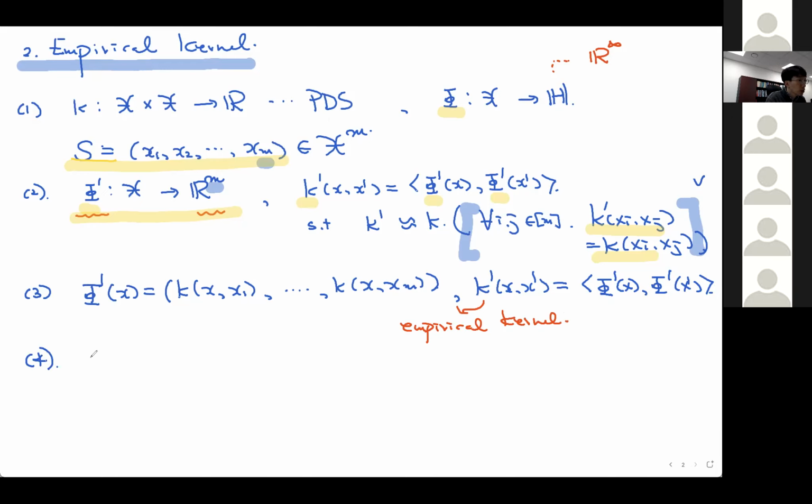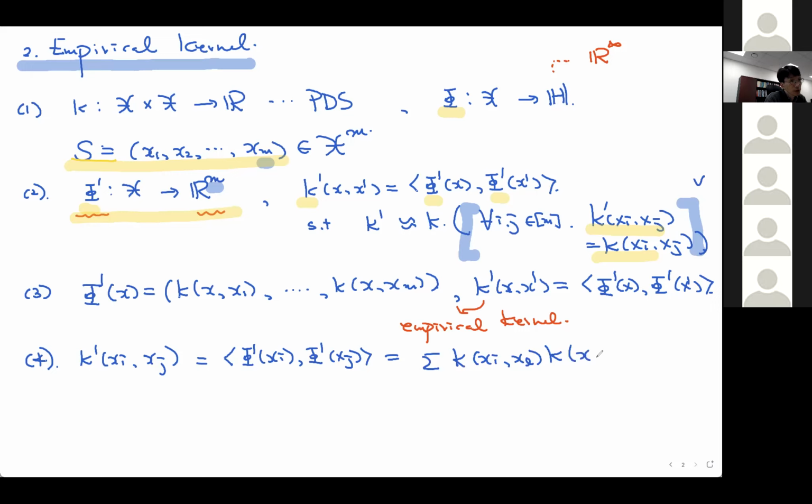If you compute the similarity between xi and xj using this empirical kernel, that is the same as the inner product of phi prime of xi and phi prime of xj, and if you compute the inner product, that's going to be the sum of k of xi, xl times k of xl, xj, where l goes from 1 to m.